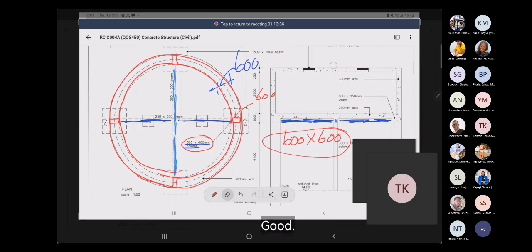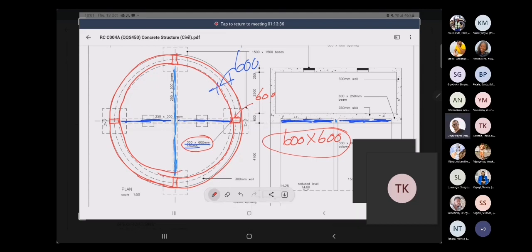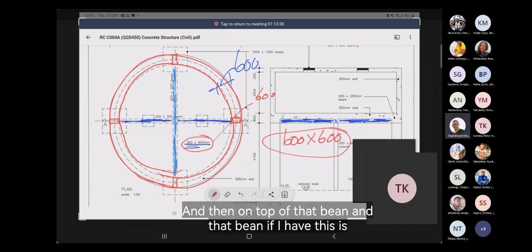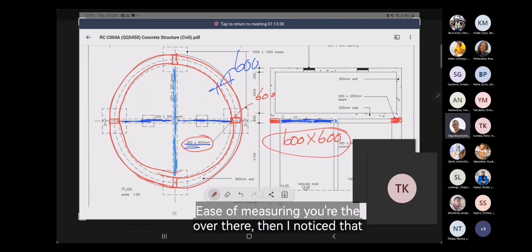Okay. And you can also see that that beam runs along the perimeter. And then on top of that beam, if I have this, there. Or if you prefer, there. For ease of measuring, we use it over there.